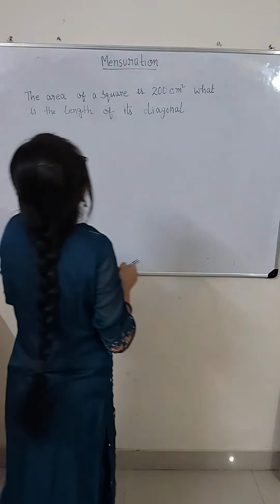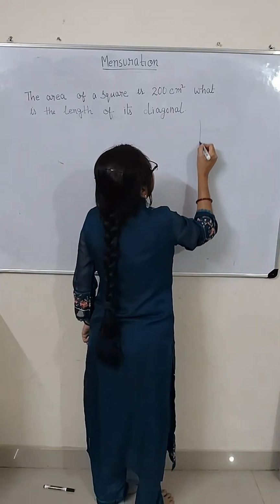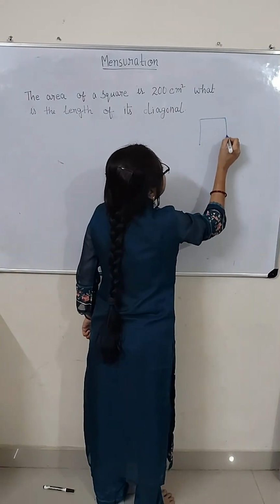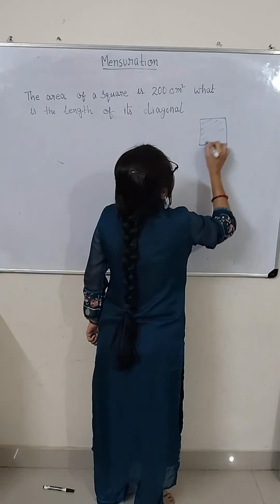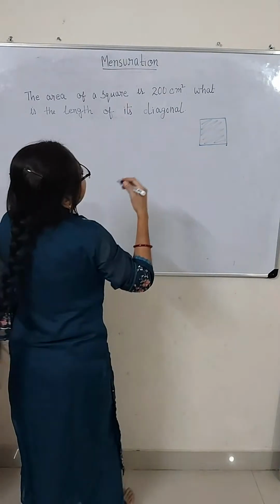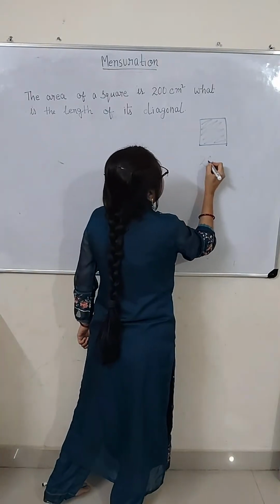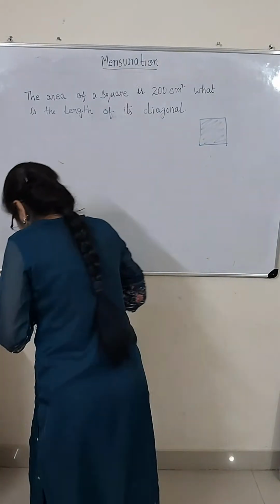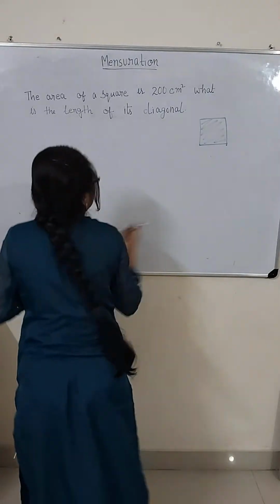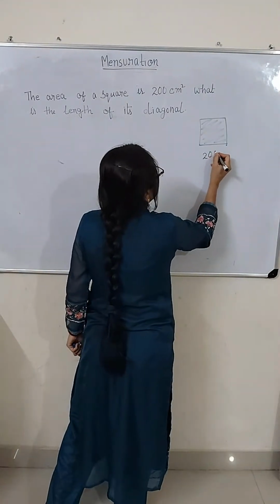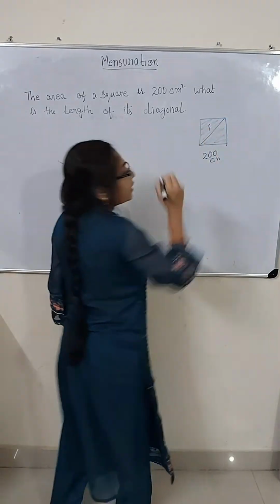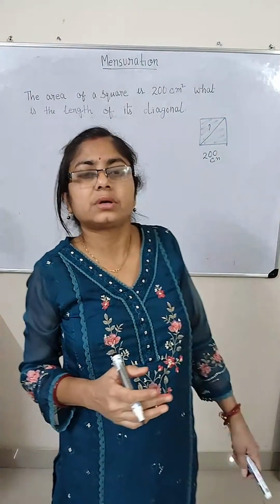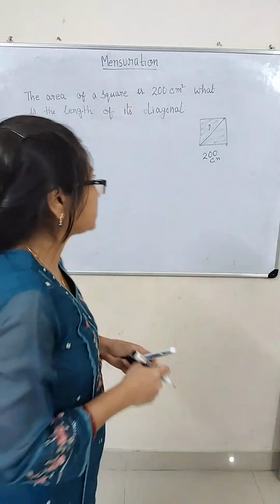First I draw the picture. What is a square? It is a square. The area is given. The area is 200 centimeter square. Find out the diagonal. What is the length of the diagonal?